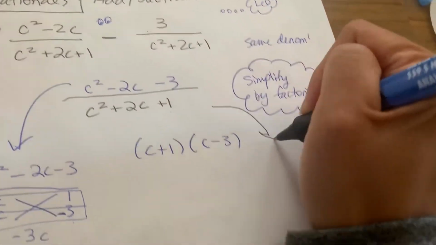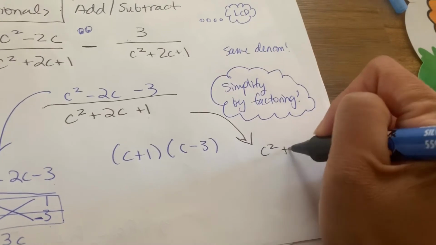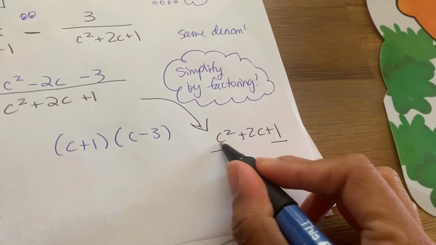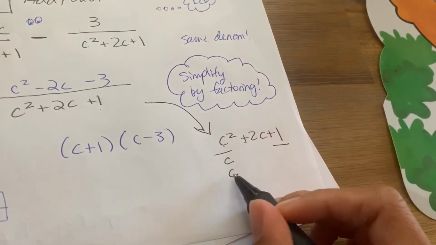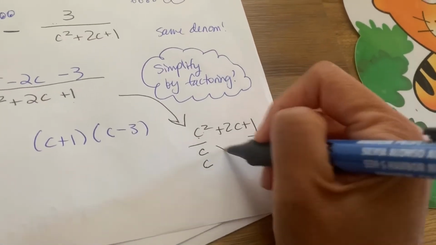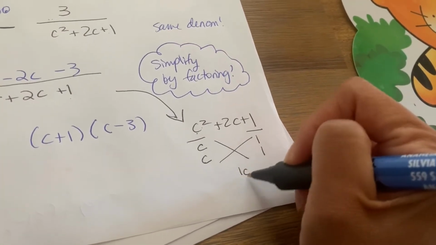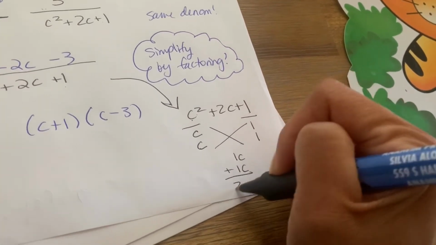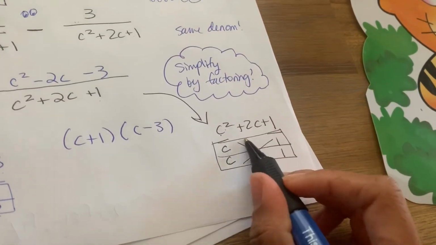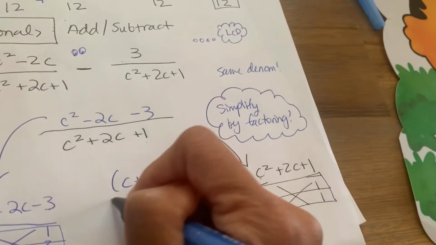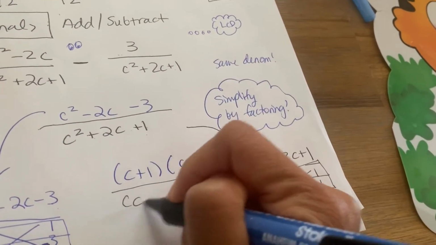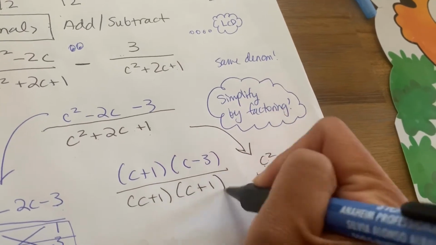The bottom portion, can I factor this? C squared plus 2c plus 1: two things that multiply to give me c squared is c and c. Two things that multiply to give me 1 is 1 and 1. When I cross multiply, I get 1c and 1c, added together I get 2c. Winner, winner, chicken dinner. So the denominator becomes c plus 1 times c plus 1.